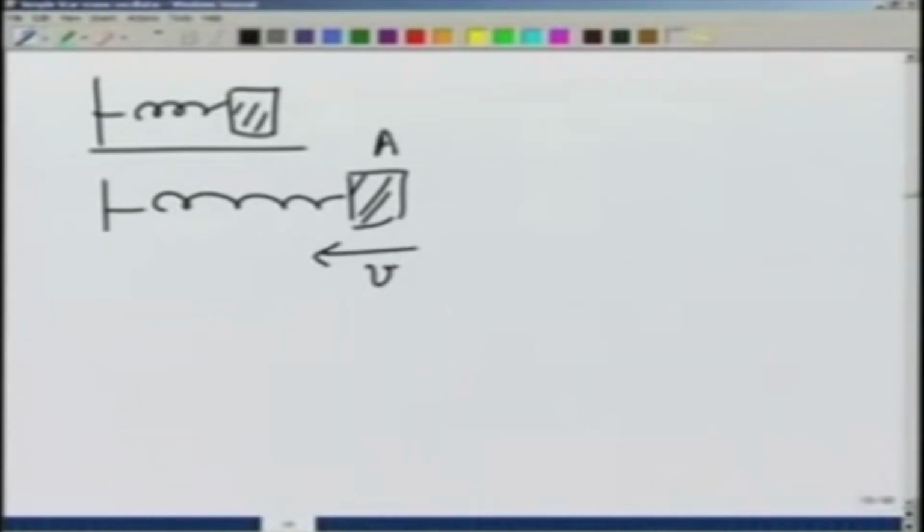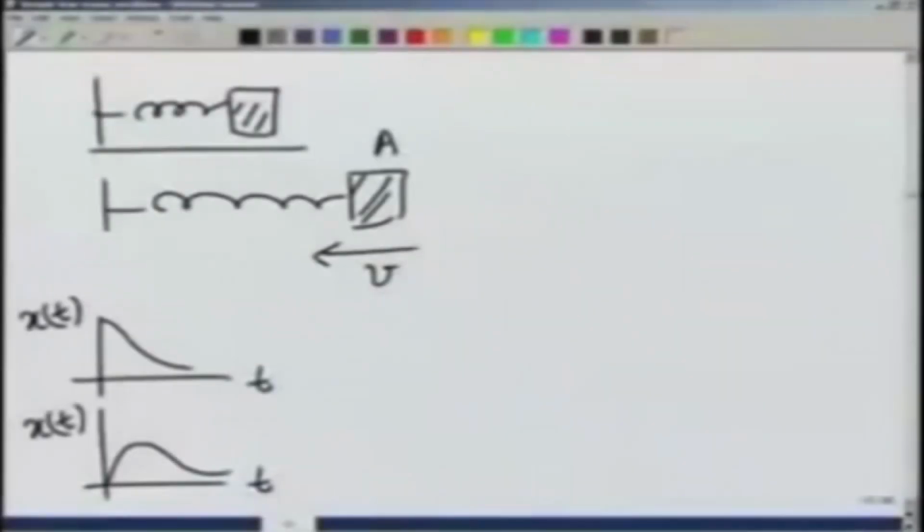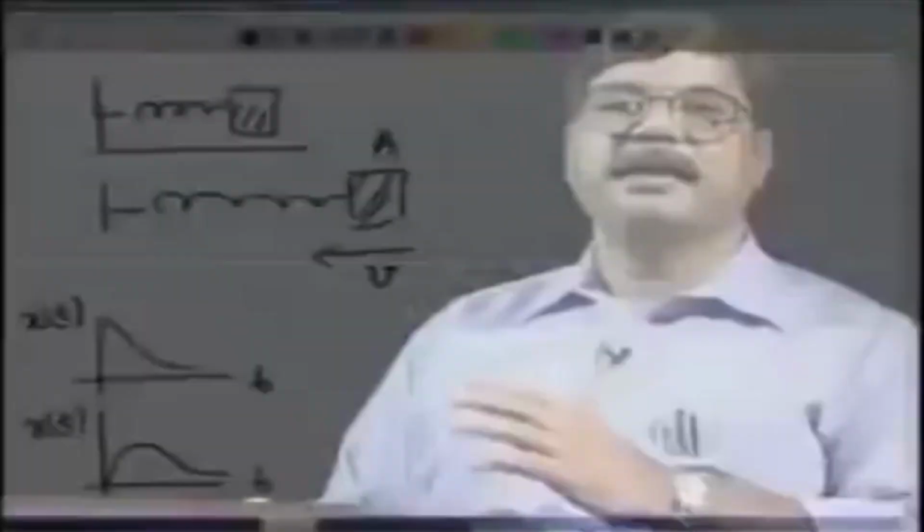Why I am doing that is, I want you to note that in the previous two situations the solutions were looking like this, so that the particle really never crossed the equilibrium point once it was released. In the first situation, it just slowly went towards the equilibrium point. In the second case, it went out and slowly started coming towards the equilibrium point. I want to see whether I can really cross the equilibrium point. So I am taking it out and pushing it in.